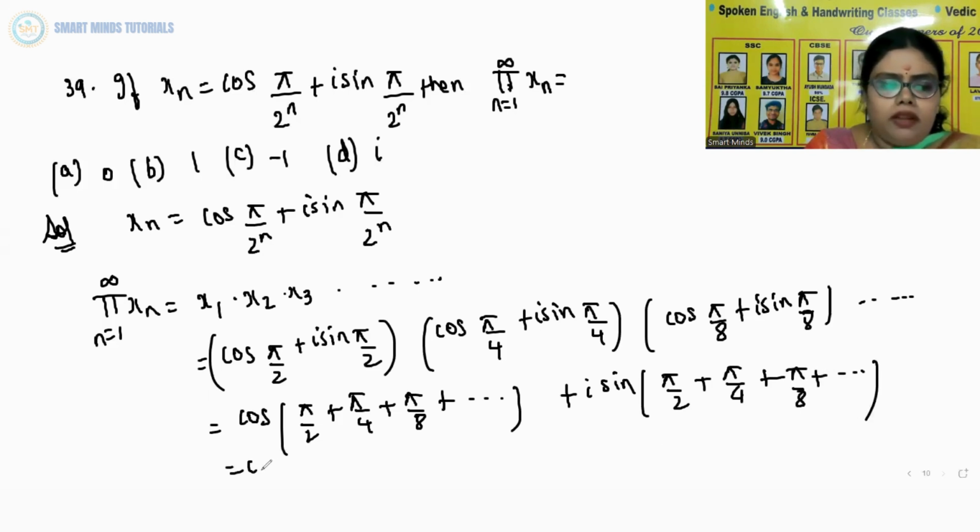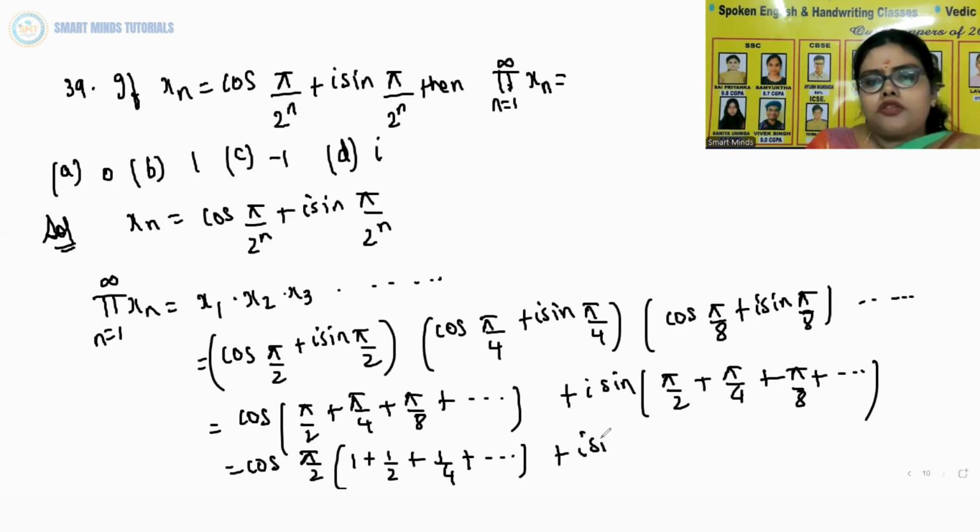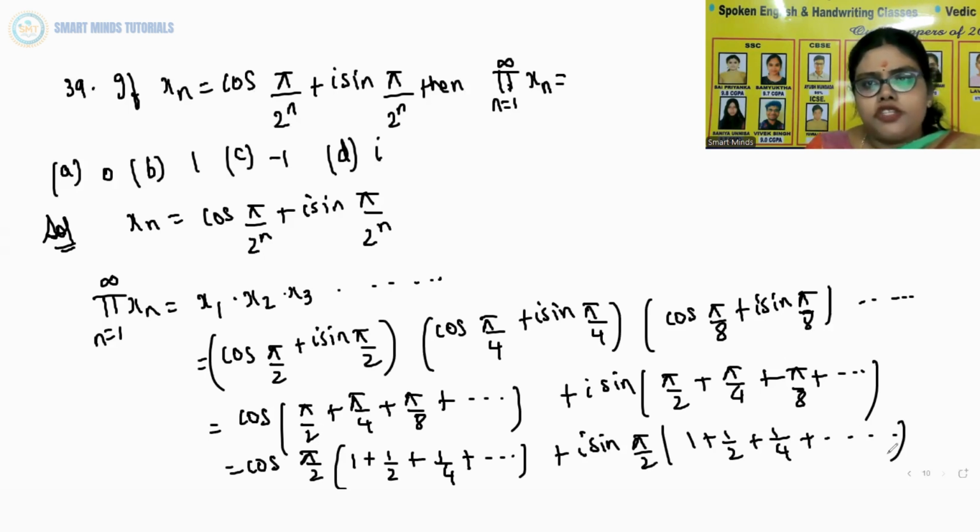If we take π/2 common from each bracket, we will get 1 + 1/2 + 1/4 + and so on. Here also if we take π/2 common, we will get 1 + 1/2 + 1/4. The bracket which is obtained, you can see that it is in GP.